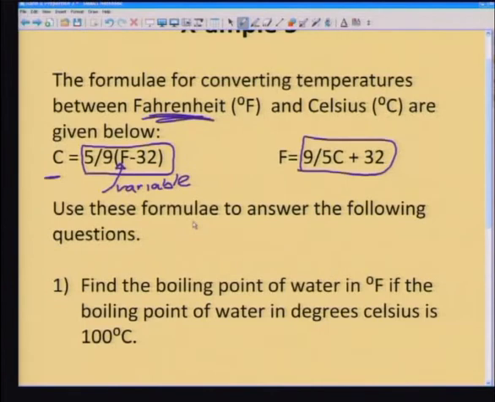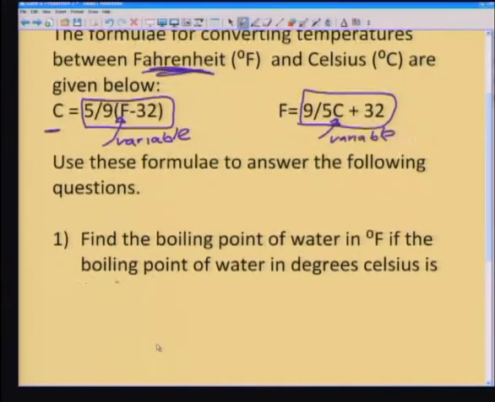It's never ever the same. It continually changes, hence the word variable. So depending on what the degrees Fahrenheit is, the degrees Celsius is going to change according to that change in Fahrenheit. And similarly on this side, your C is your variable, and as your degrees Celsius changes, your degrees Fahrenheit is also going to change.